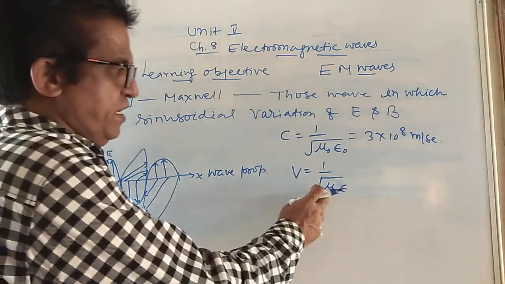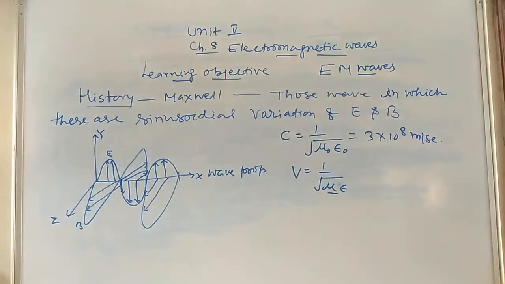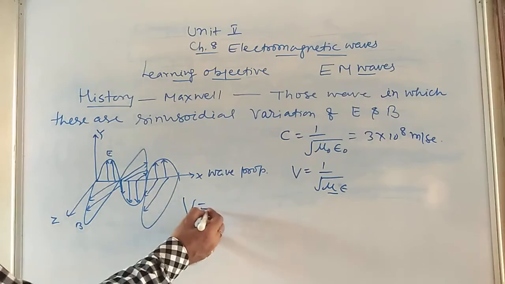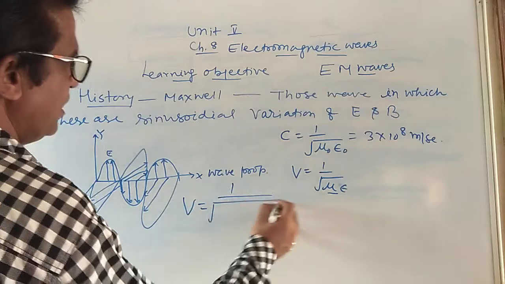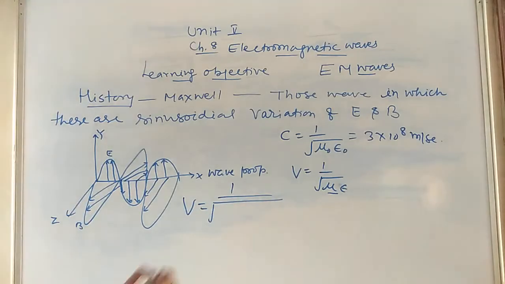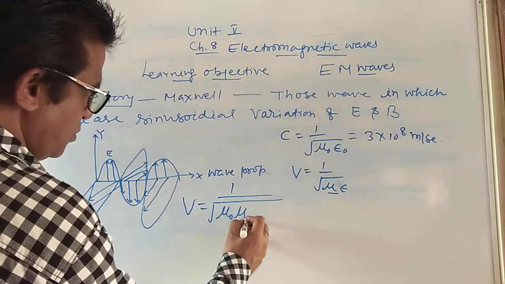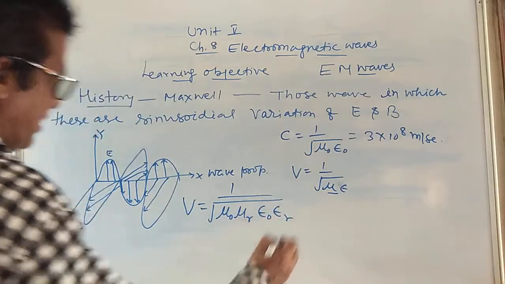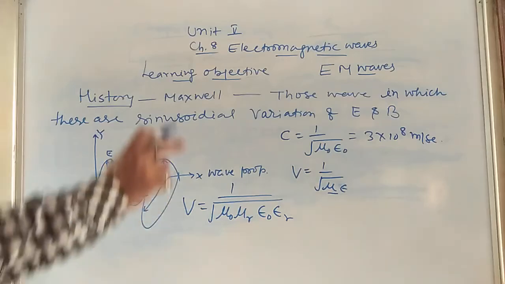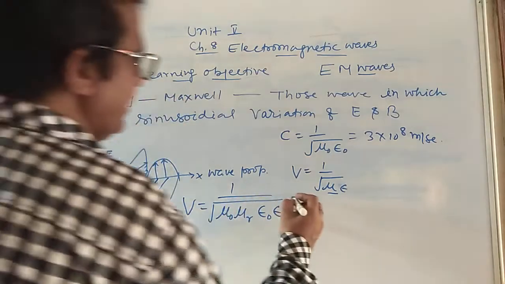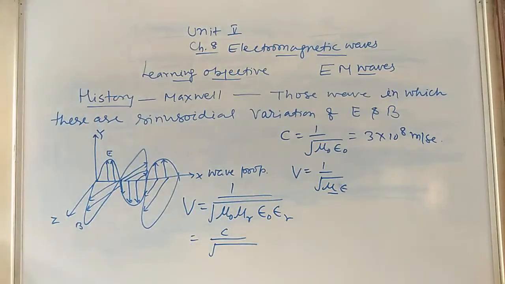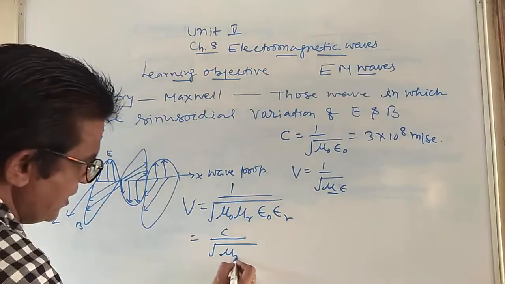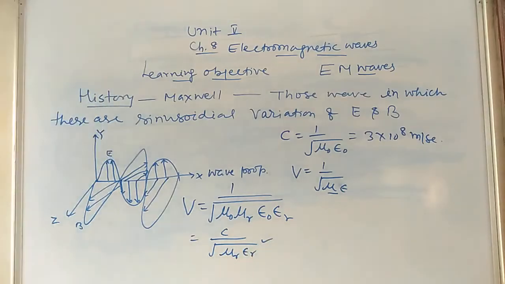This is the permeability and this is the permittivity of the free space. So I can write V is equal to 1 by under root of mu naught mu r epsilon naught epsilon r, where C is equal to that. So I can write C divided by under root of mu r epsilon r. This is the theoretical formula we have to remember here.